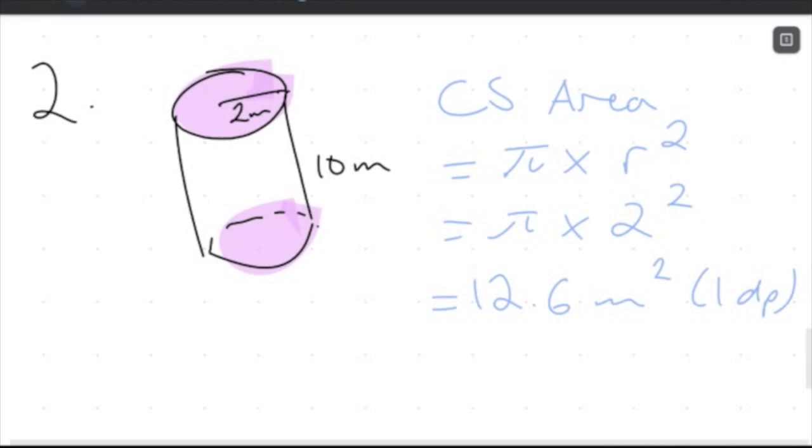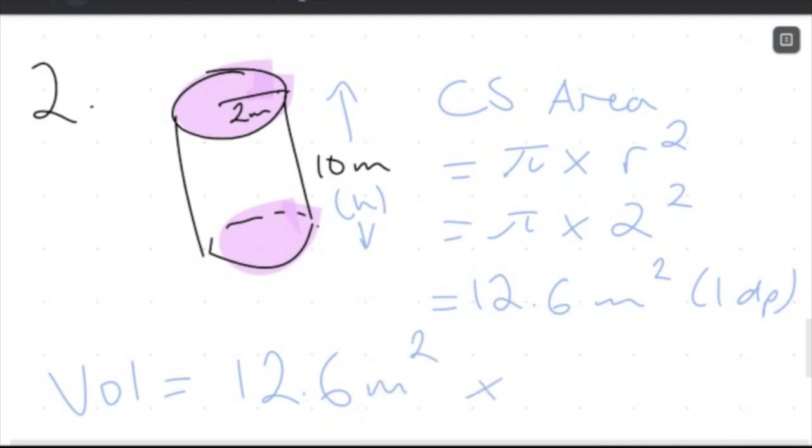Now that I have the cross-sectional area, guys, all I want to do is multiply that by my height. So this thing here, my 10 meters, is my height from one face to the other. So my volume is going to be my cross-sectional area. I've already found that, 12.6 meters squared. And I multiply that by the height.